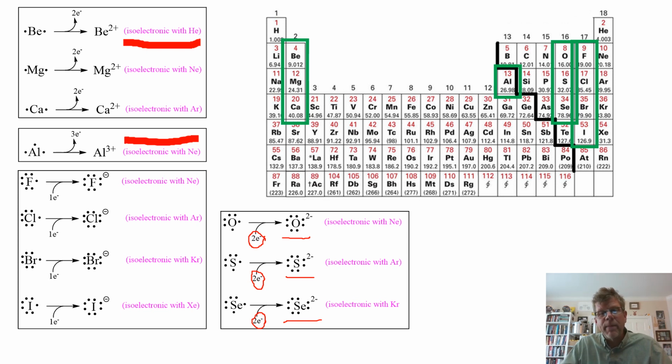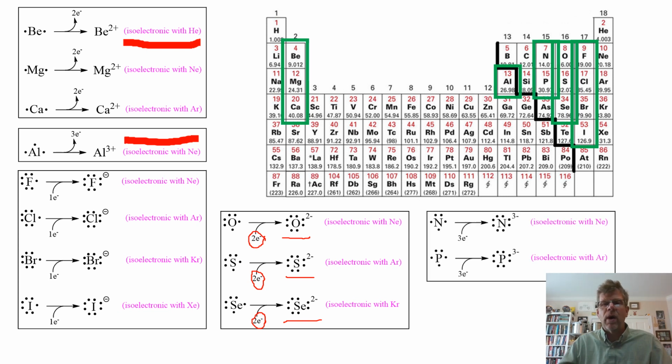Moving over one more column in the periodic table, we can see this with nitrogen and phosphorus as well. Nitrogen and phosphorus each have an identical Lewis structure of 5 valence electrons shown here. If we have 5 valence electrons, we have to pick up 3. Why 3? To make 8, that octet.